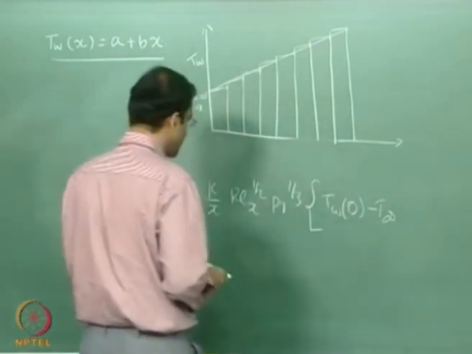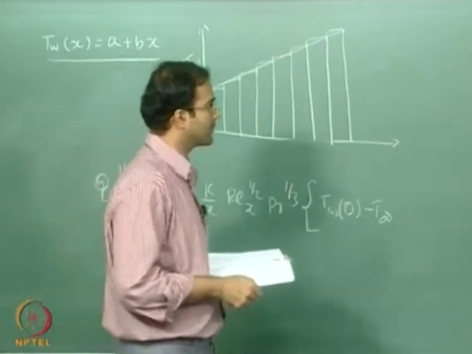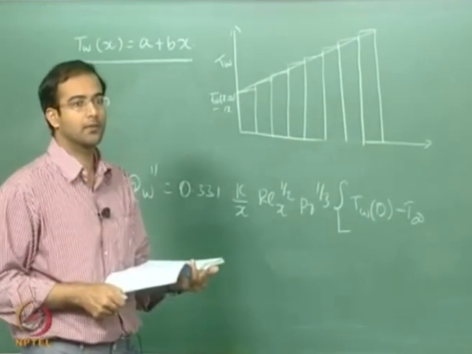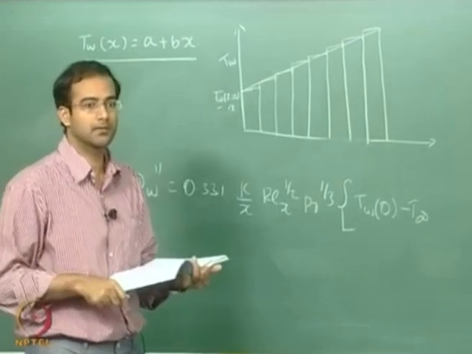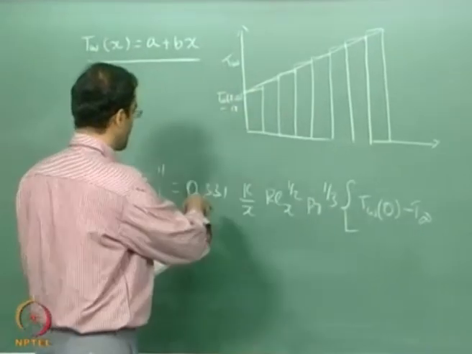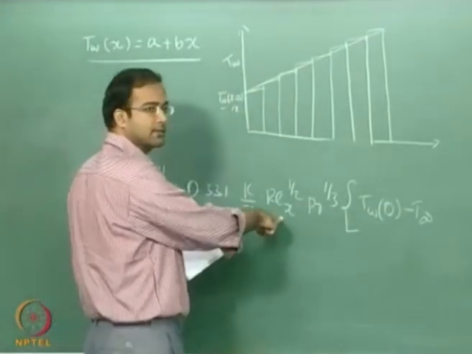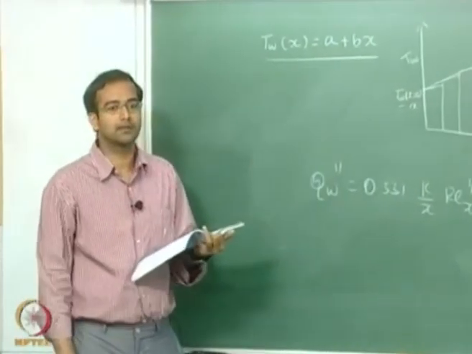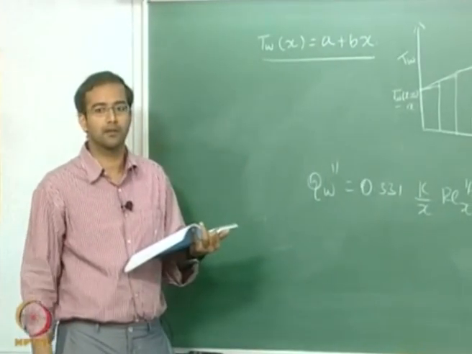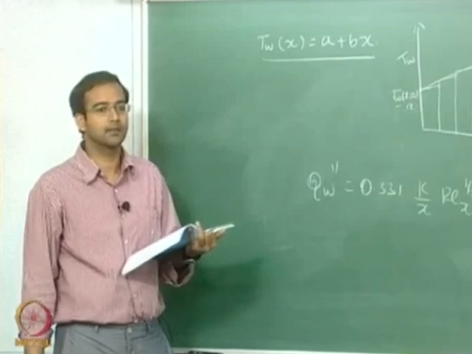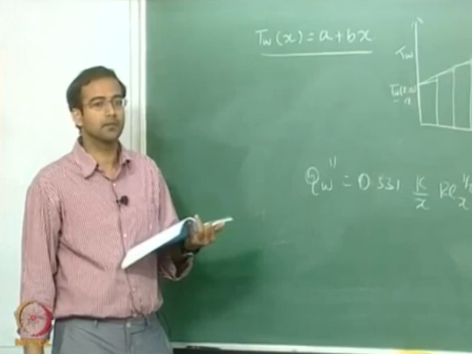So when you differentiate the original profile you have, phi, that will be minus k d phi by dy at y equal to 0, which will be nothing but the heat transfer coefficient h. Okay, so that h you have already substituted as 0.331 k by x Rex power half Pr power 1/3 into 1 minus zeta by x the whole power minus 3/2, 3/4. What is that?